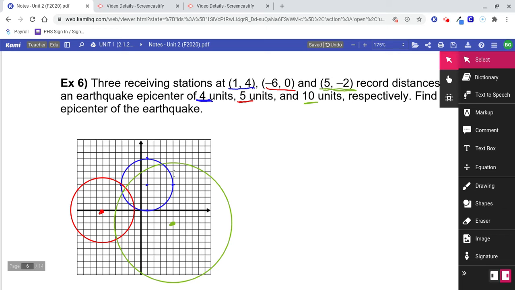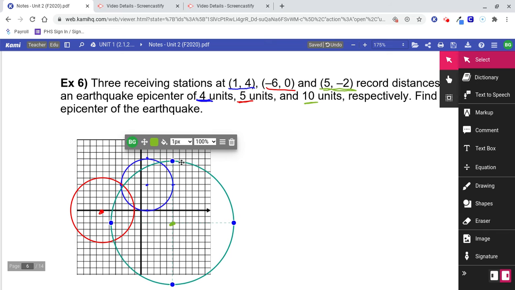That's almost right. Not quite. Pretty close. That's pretty close. A little bit bigger.